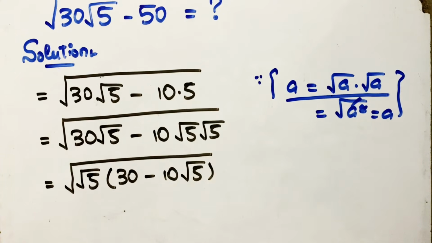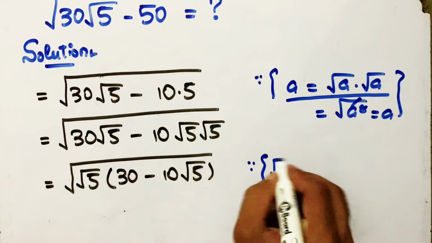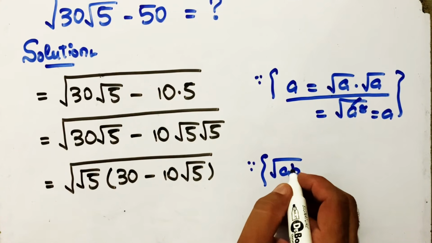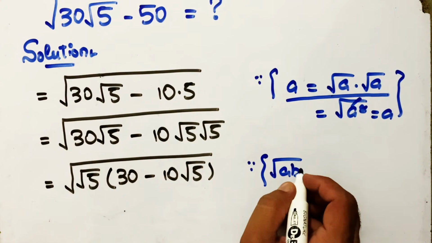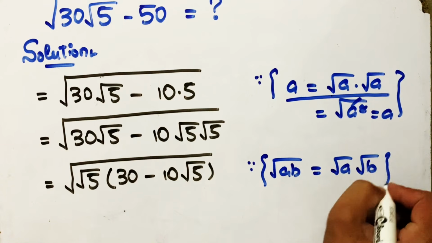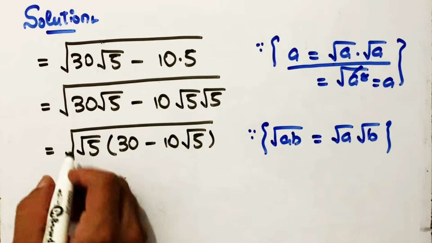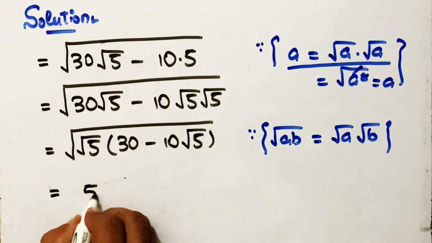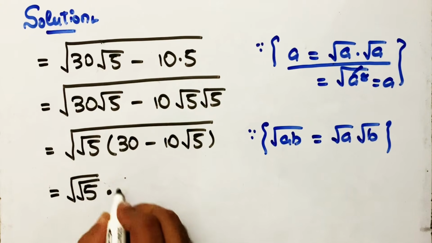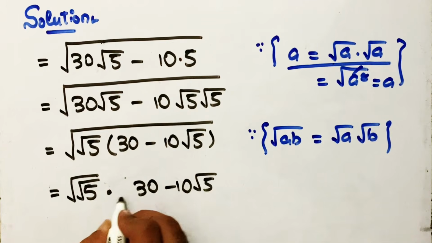Now I am using the power of a product rule, which lets us separate the square root over different numbers and constants. So our equation is the square root of 5 times the square root of 30 minus 10 square root of 5.